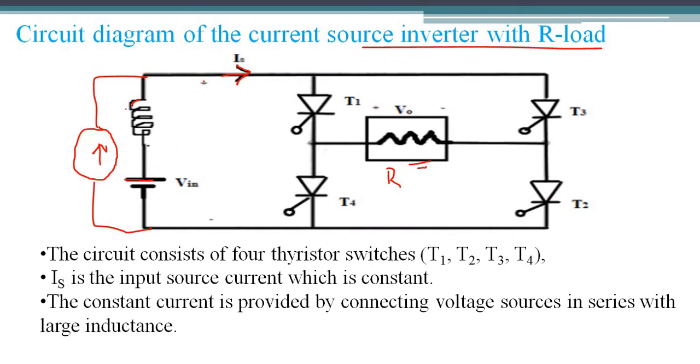Let us see the direction: here it is plus and here minus. Current flows through T1, through the load, through T2 and to the negative terminal. The direction of current is plus to minus.